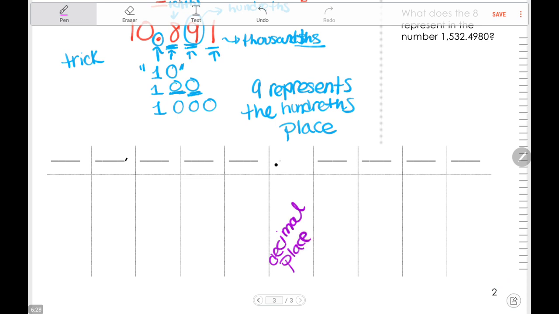Okay, and again, if I'm talking about the decimal side, this would be 1 place, so it would have 1 zero, which is the same as being in the tenths. This would have 2 zeros, 1, 2, so that's the hundredths. And then it just goes up the same way. Thousandths.